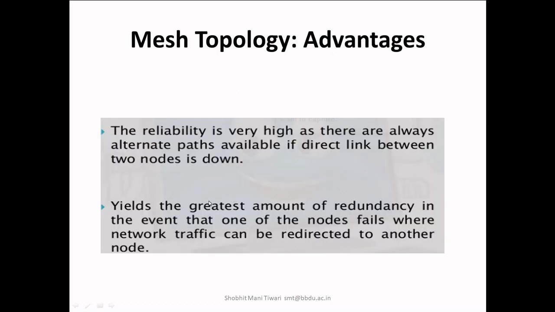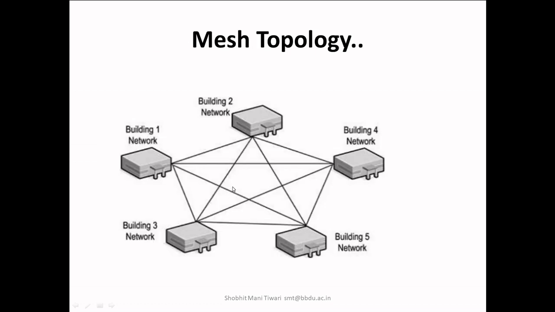Now second, it yields the greatest amount of redundancy in the event that one of the nodes fails, where network traffic can be redirected to another node. And this is very simple.